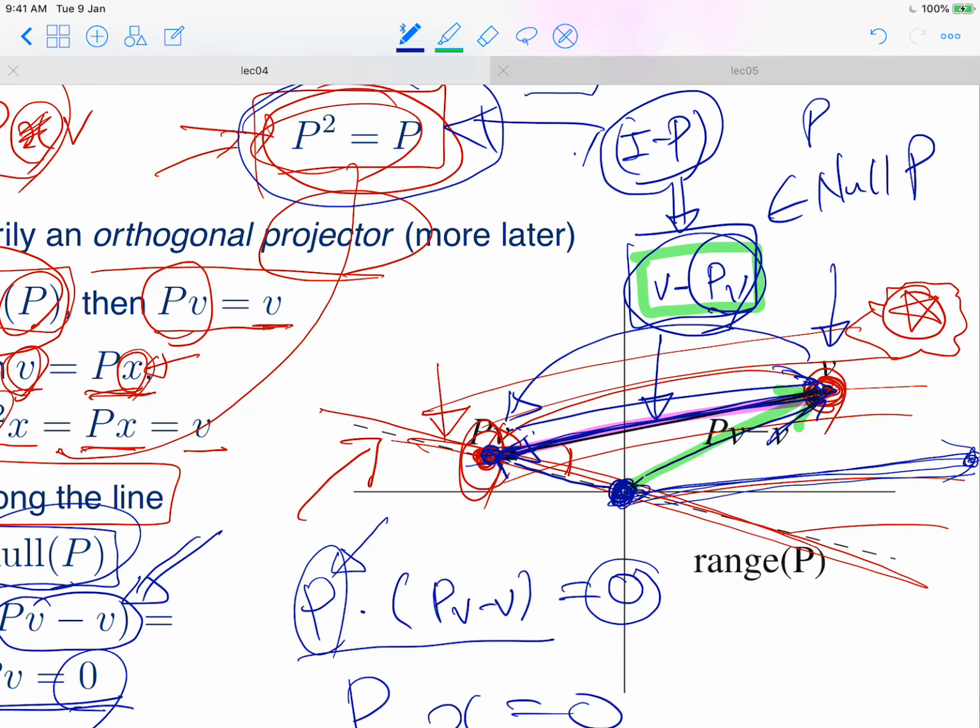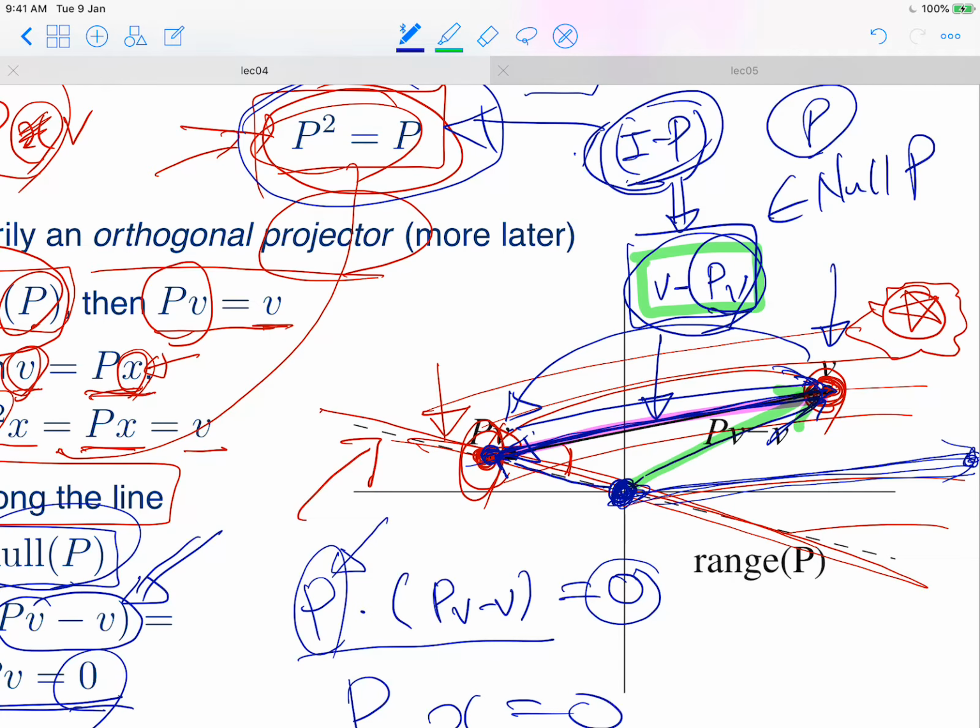And also, the fact that the range of I minus P and the column space of P sum up to the entire space of Rn allows us to represent any given vector in Rn as a decomposition, or the sum, of the two projection parts.